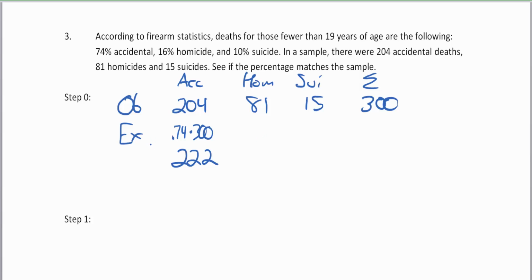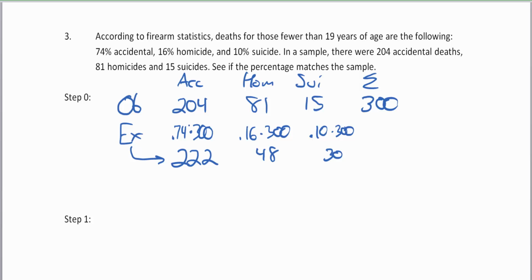So this is our expected value right here that we're going to use in list 2, as we use our observed in list 1. So we're going to continue this. 16% of 300 is 48, and 10% of 300 is 30.